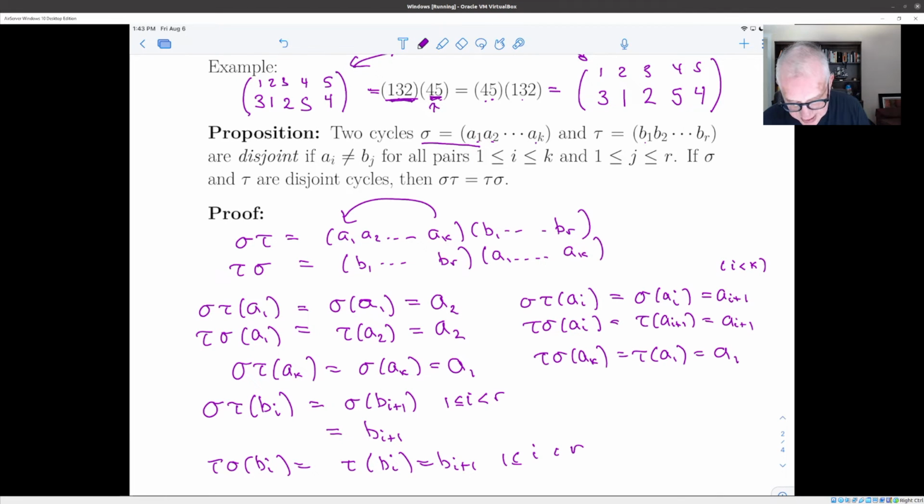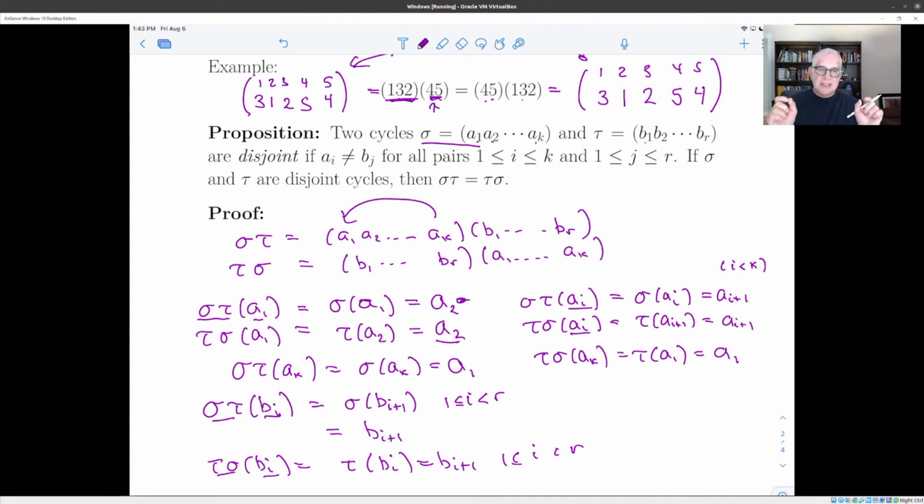If you put all this together, what you see is that sigma tau applied to A1 is A2, which is the same as tau sigma of A1, which is A2. And similarly, sigma tau applied to any of the A's is the same as tau sigma applied to any of the A's. And sigma tau applied to any of the B's is the same as tau sigma applied to any of the B's.